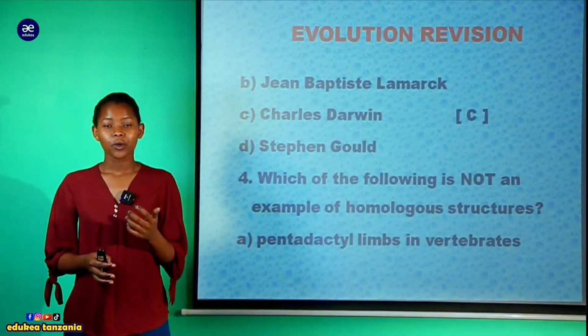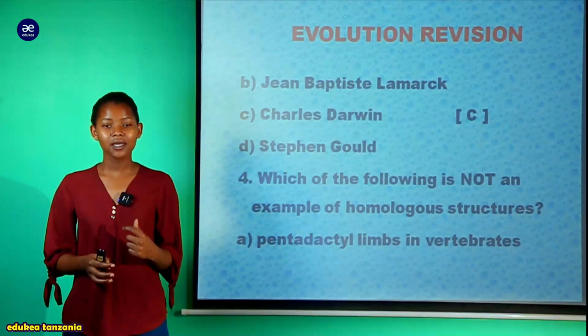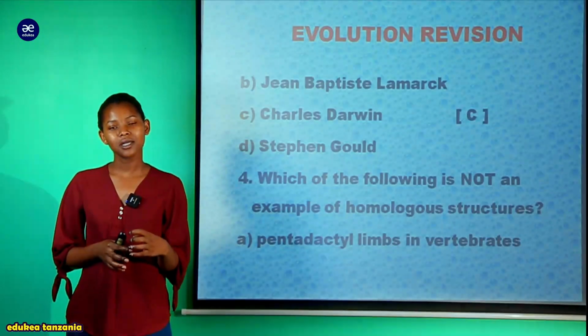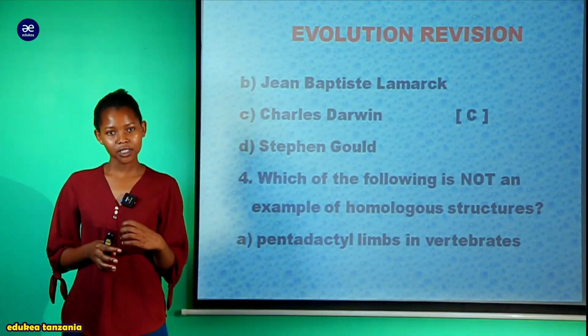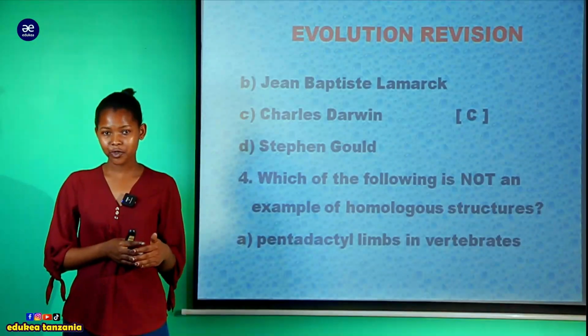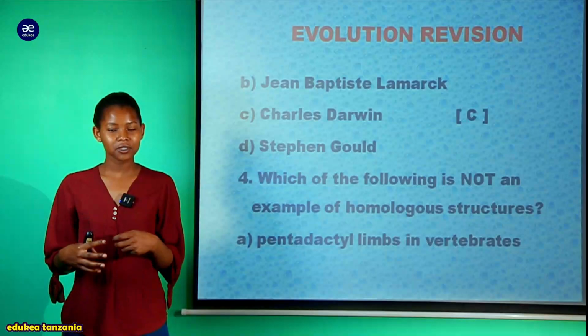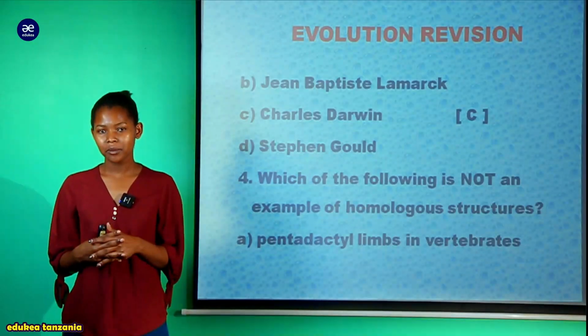So utakuja kuangalia kwenye choices, then utaangalia structures ambazo zimewekwa kwenye choices ambazo zina indicate origin moja, hizo ndo homologous structure, but ambazo zinaonyesha kabisa hazina embryonic origin moja, hilo ndo litakuwa jibu lako.